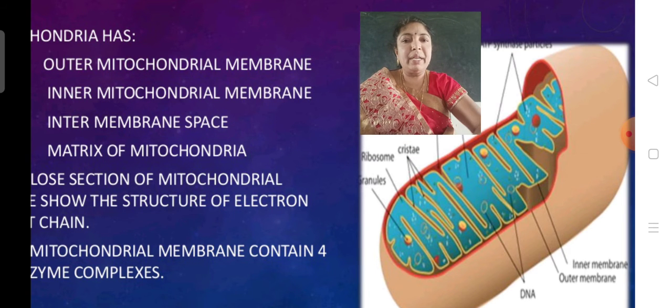Here mitochondria consists of an outer membrane and an inner membrane, and in between the inner and the outer membrane there is a space known as the intermembrane space or perimitochondrial space. So the electron transport system occurs across the inner membrane, intermembrane space and the matrix of the mitochondria.